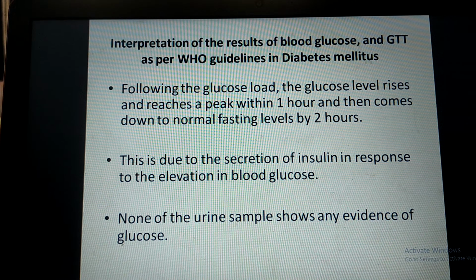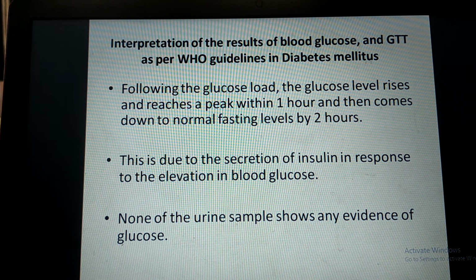Then after 1 hour, glucose starts decreasing in the blood and comes to the normal blood glucose, that is fasting blood glucose level, by the end of 2 hours. This is due to secretion of insulin in response to elevation of blood glucose.